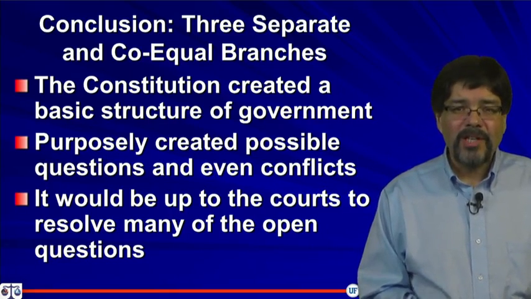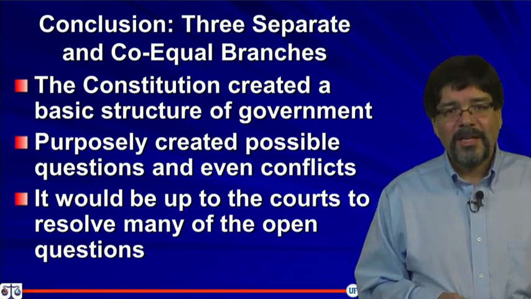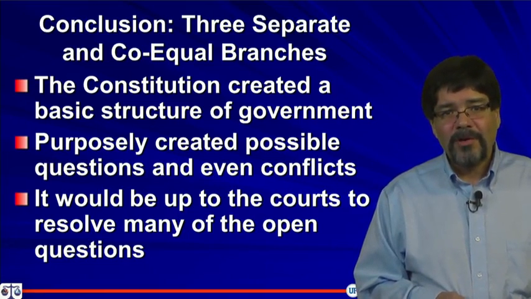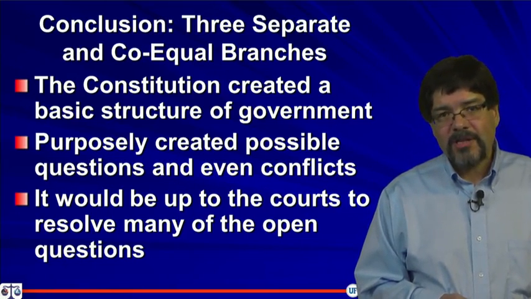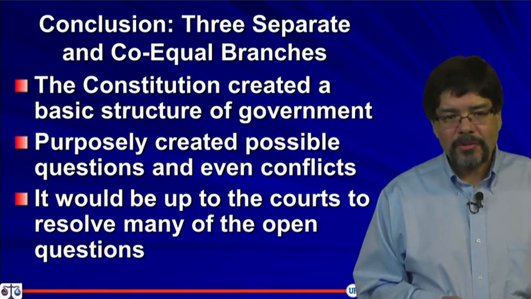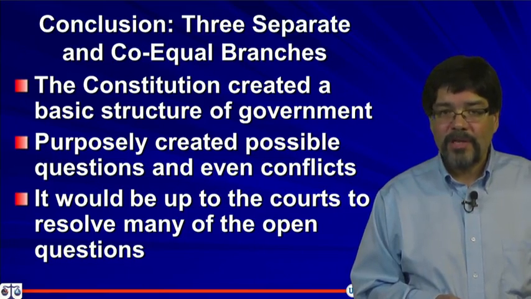It was, after all, a new nation that they were bringing forth in 1789. And therefore, they were not prepared to answer all of the questions that might come up. And therefore, it would initially be up to the courts primarily to resolve many of these open questions to the extent that the political process could not resolve them.